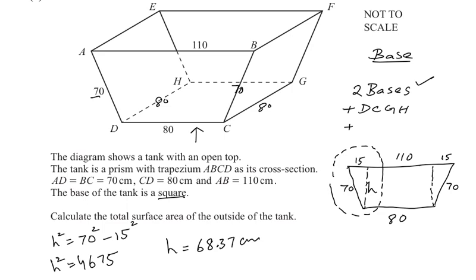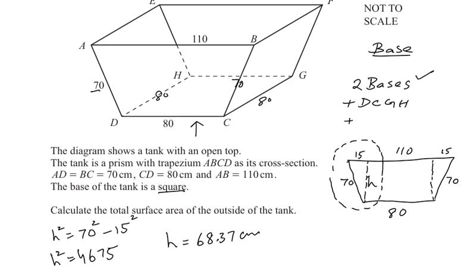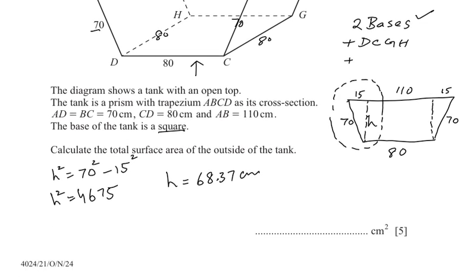Now, as we are going to find the total area of the base, we have to find the area of the base by using the formula of area for a trapezium, which is A equals 1 over 2 multiplied by the sum of the parallel sides S1 plus S2 and multiplied by the perpendicular distance between them, which is h.